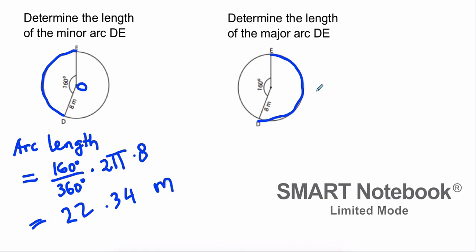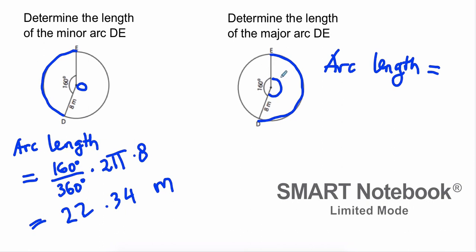Okay, all right, so for the major arc we will use exactly the same formula. However, you should realize that the internal angle now is not 160 degrees anymore. So the angle that we will use for theta is this one here.